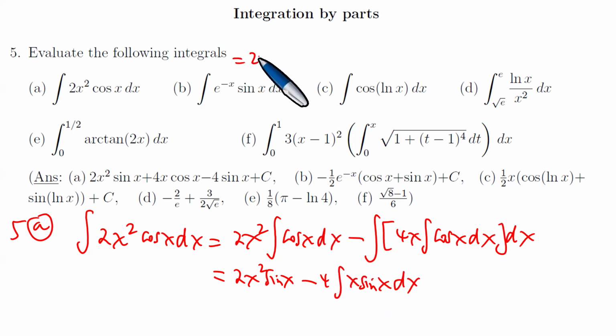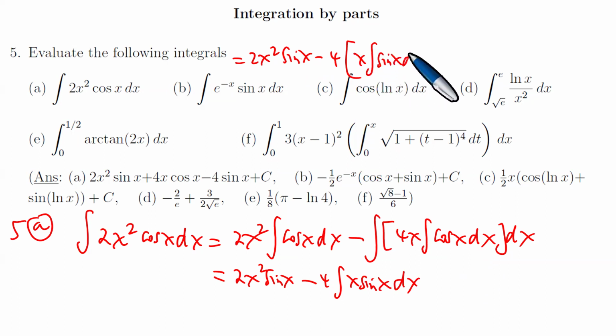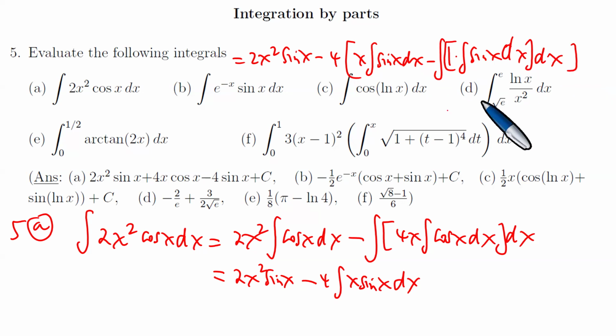So which means that you have 2x squared sine x minus 4 times the integral of x sine x dx. The derivative of x is 1. Then the integral of sine x dx: x times minus cosine x, minus the integral of minus cosine x dx.